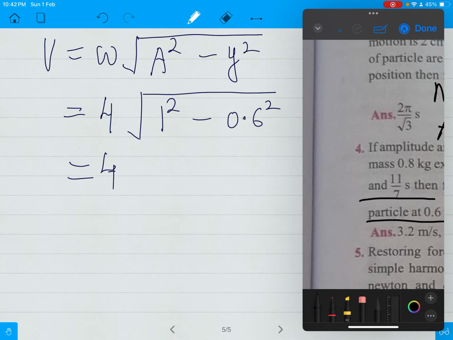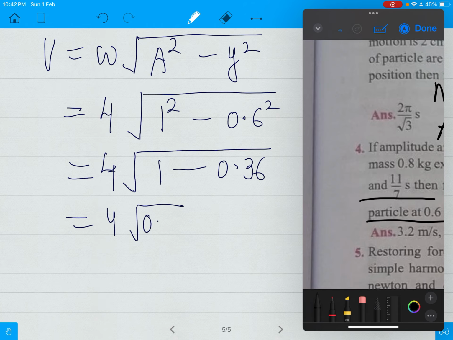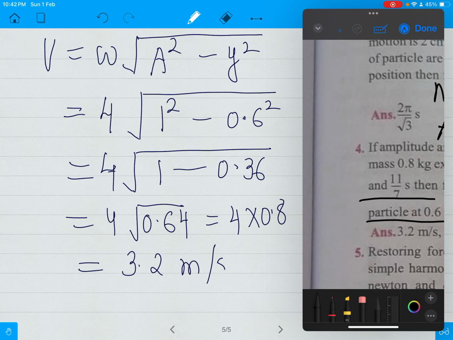So when you simplify, 1 minus 0.36 is 0.64, whose root is 0.8, that is 4 into 0.8. So V equals 3.2 meter per second. V equals 3.2 meter per second.